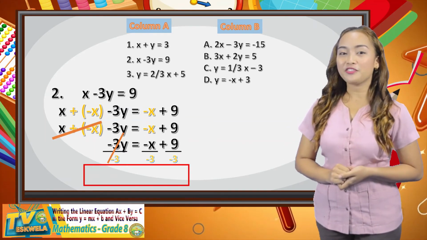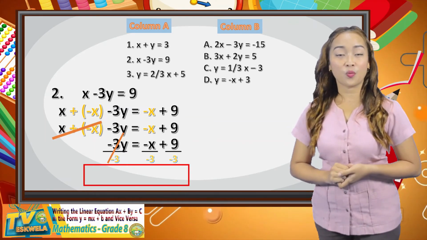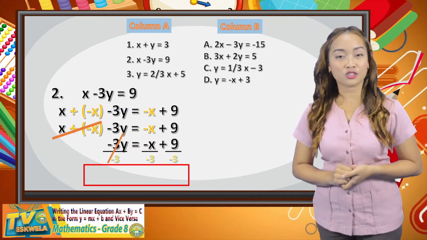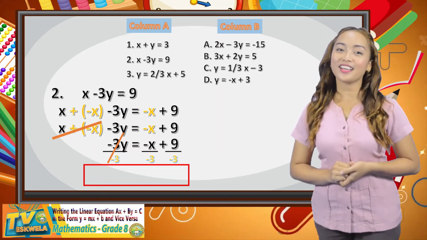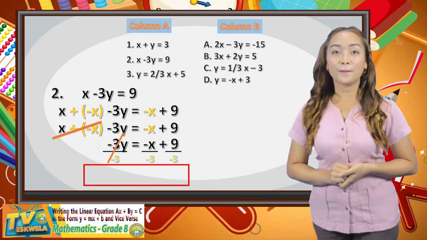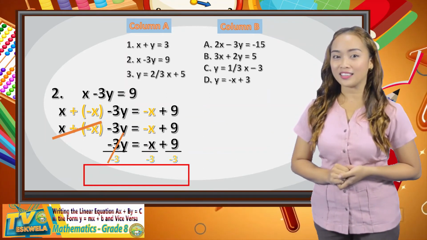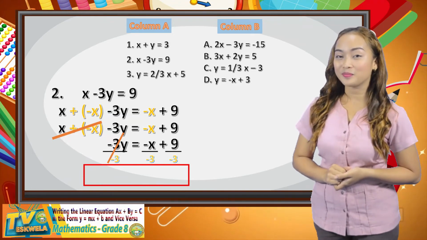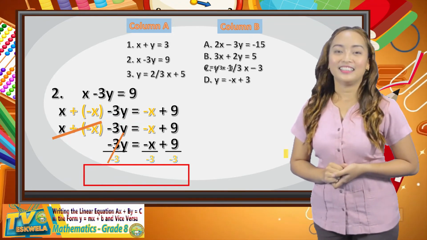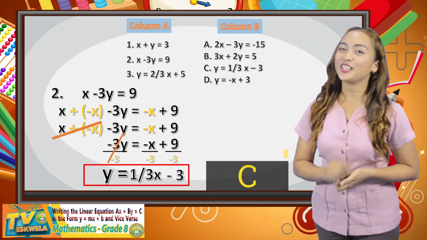Therefore, the final equation is y is equal to 1/3 x minus 3. And that is on what letter in column B? Letter C. You got it right.